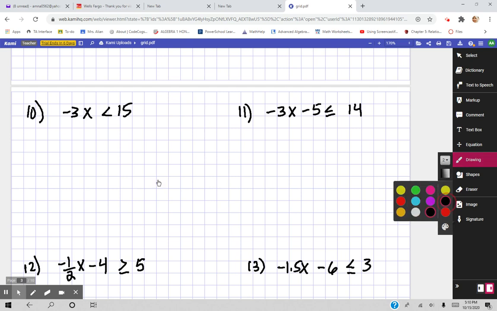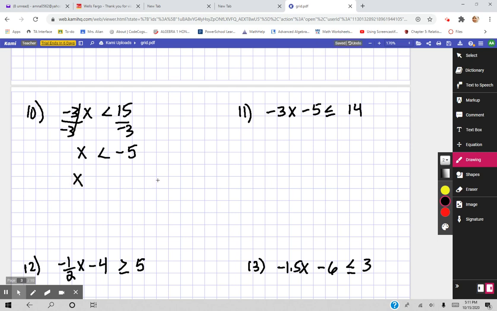So we're going to have to remember to flip our inequality sign for our final answer. So divide both sides by -3. X is less than -5, but I have to flip my inequality sign to get a true solution. So this is the solution.